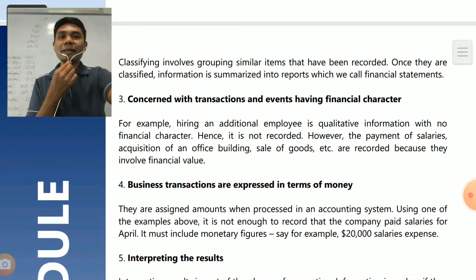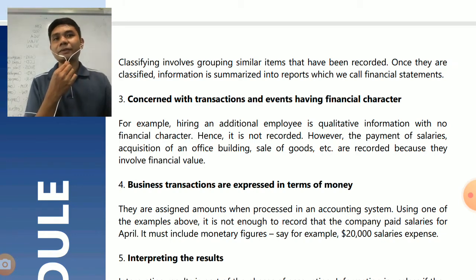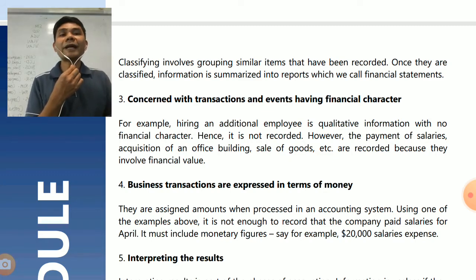Next is, it is concerned with transactions and events having financial character. So, tanang panghitabo sa business nga naay financial character, meaning maapektuhan ang finances sa imong business. For example, the owner of the business bought a new car for himself.